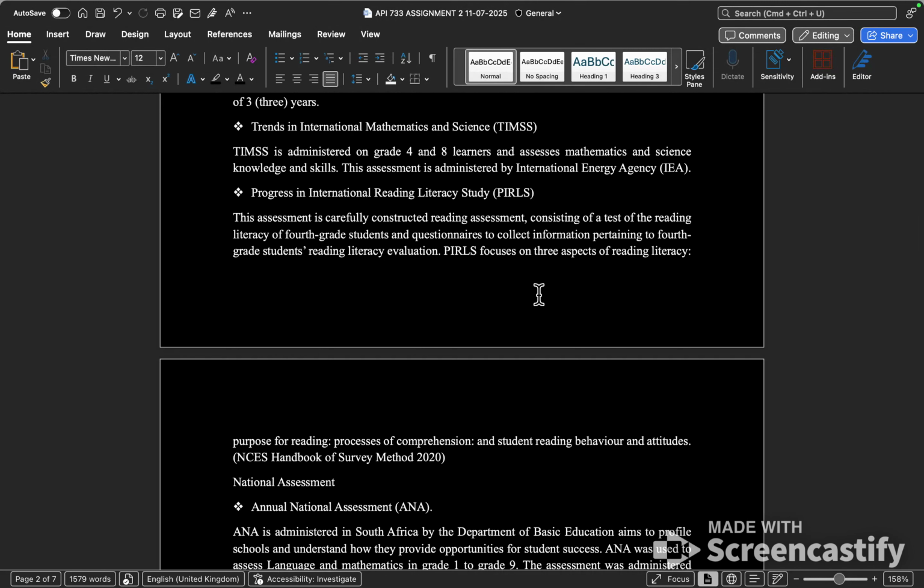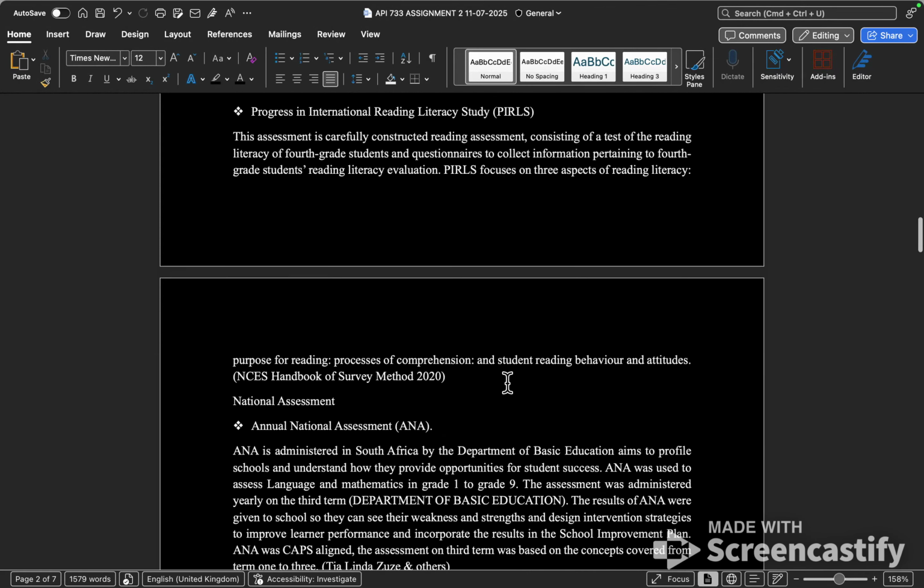Basically, it is used for reading literacy. Now, the reading literacy PEARLS focuses mainly on the purpose of reading, process of comprehension, and student reading behavior and attitude. Now, those are the international assessments that are used, and South Africa subscribes to.